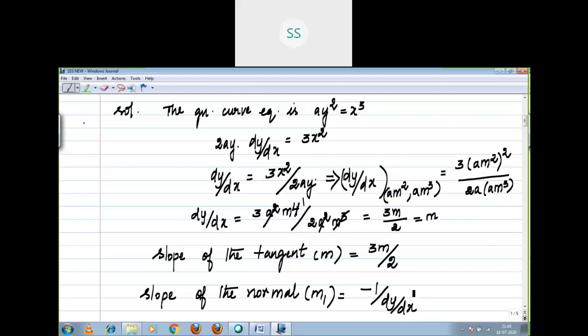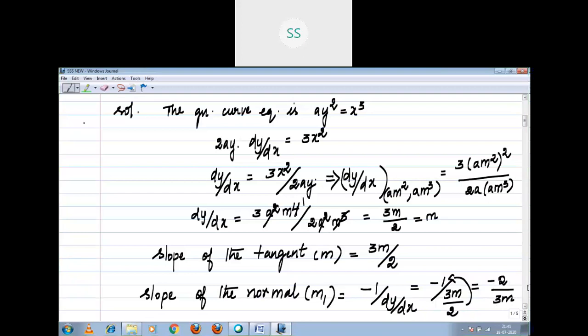What is your dy/dx here? −1 divided by 3m/2, which is equal to, the 2 moves to the numerator, so −2 divided by 3m. What is your slope of the normal now? −2/3m. Now you have the slope of the normal.